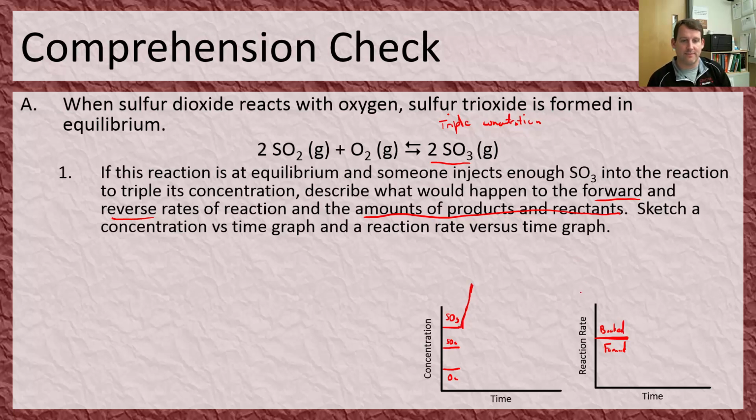So let's take a look. It might be easier to start with this reaction rate one. If we suddenly spike this up, what's going to happen is the reverse reaction rate will suddenly increase, because now we have all kinds of product to collide and go back to reactant. Suddenly increase.